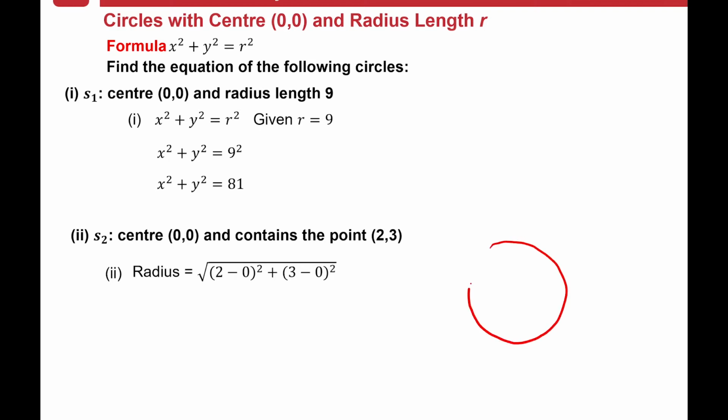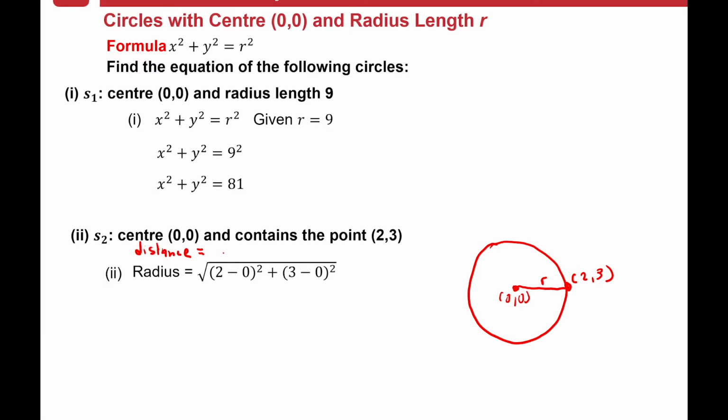In this case, we know that our center is 0, 0, and we know that a point on the circle is 2, 3. So if I find the distance between the center of the circle and this point, I will find my radius.